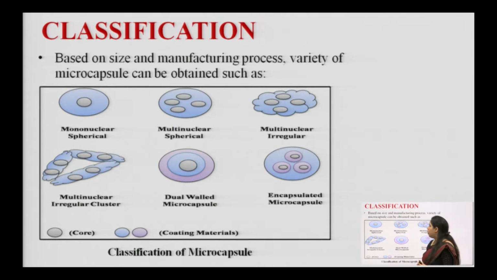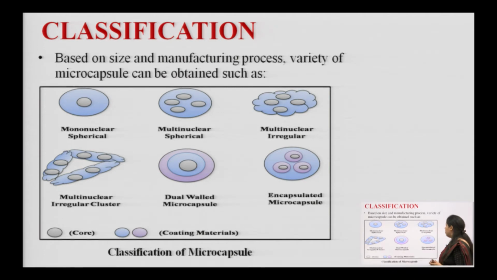The first one is the mononuclear spherical shape, which consists of a single core particle and the coating material. Whereas in multinuclear spherical, you can see a variety of core particles encapsulated in a single layer of polymer, or coating material.